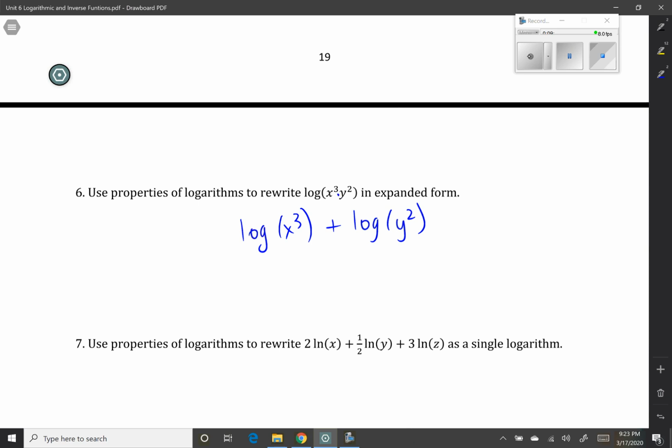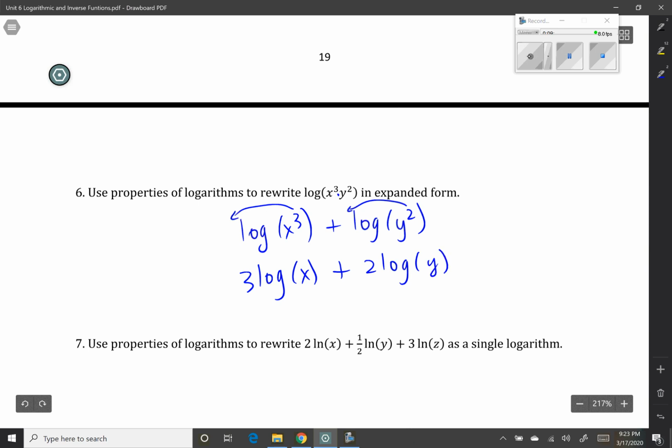Then I can say, well, those exponents could also go somewhere. So I can put those exponents in the front and rewrite this as 3 log of x plus 2 log of y. That's what we consider expanded form.